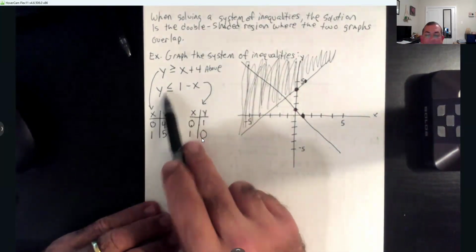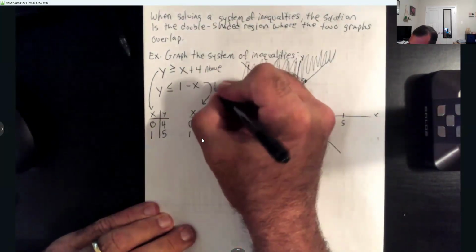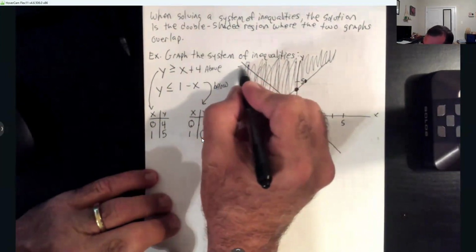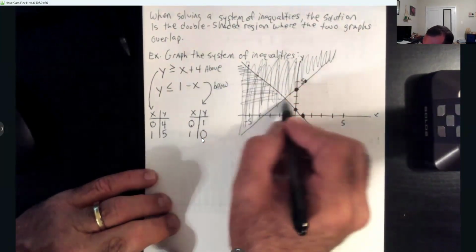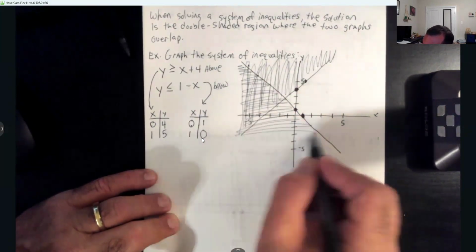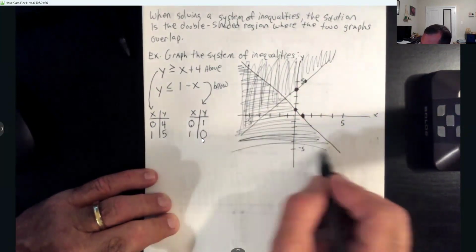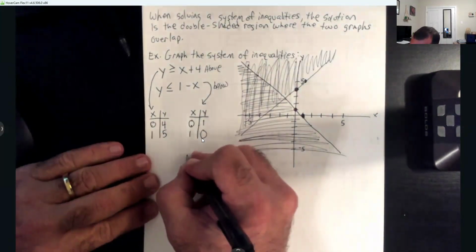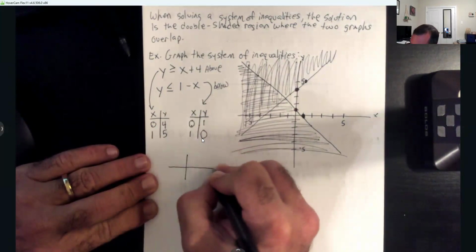But notice this one's less than. It's going to shade below the line. So below the line would be over here below it, to the left of it. And I would just shade through there like that. So you're going to have 4 pictures on the answers.